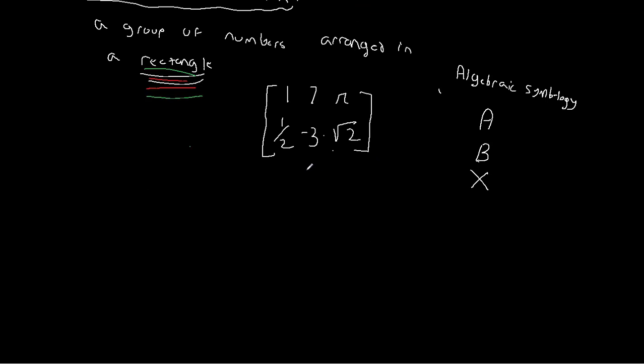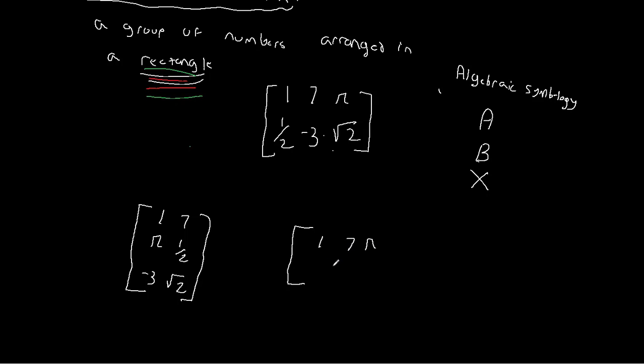So let's take a look at how we describe matrices. So let's draw another matrix, okay? Let's draw a matrix that has 6 numbers, but let's arrange it differently. Actually, let's take the same matrix and let's arrange it differently. So we have 1, 7, pi, 1/2, -3, and square root of 2. Right, and then we'll draw this one here. Again, same thing, 1, 7, pi, 1/2, -3, root 2.